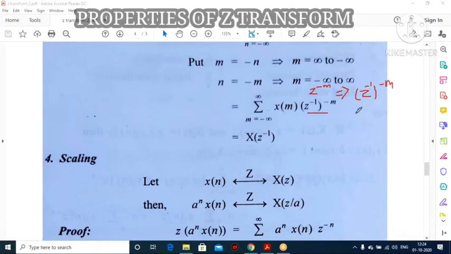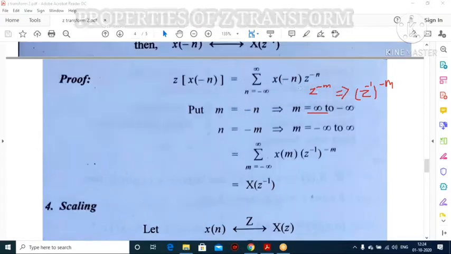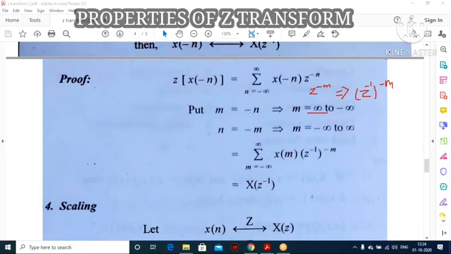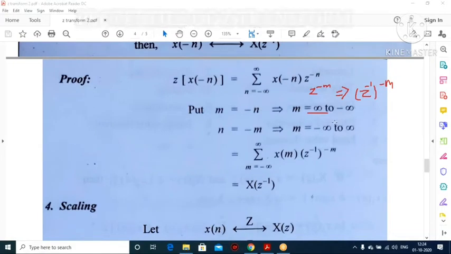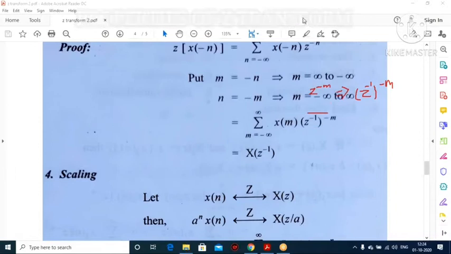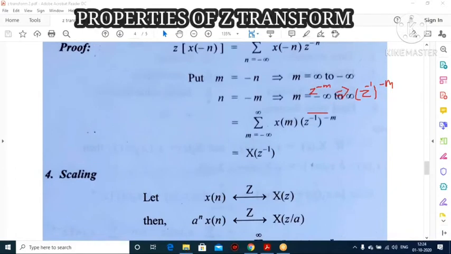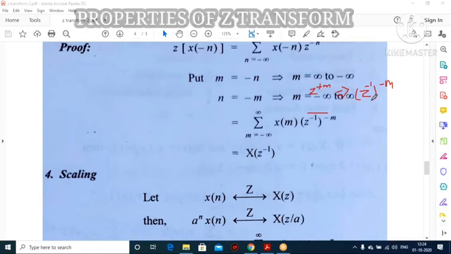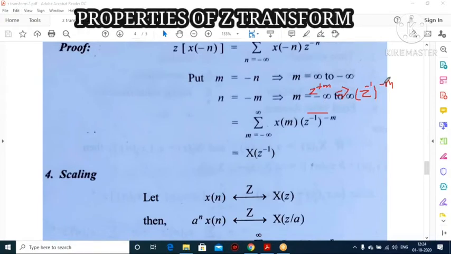Now what happened? Z power minus 1 into z power m. See, z power minus n, instead of minus n, I substitute here m only. So what will happen? Z power m, that is plus m. Z power plus m equals, I write down here, z power minus 1 whole power minus m.